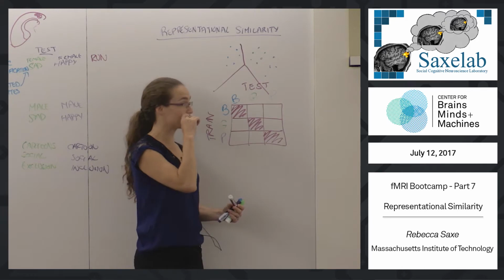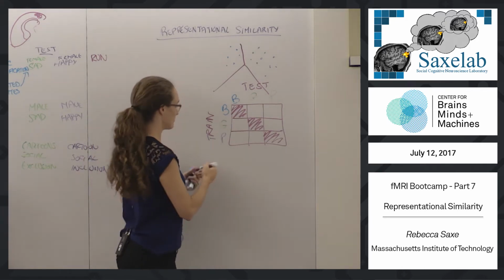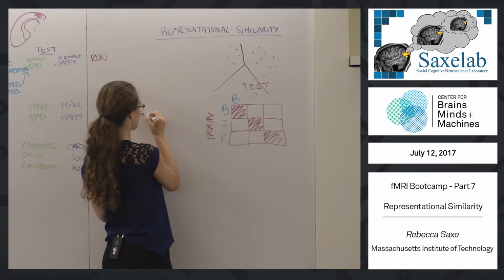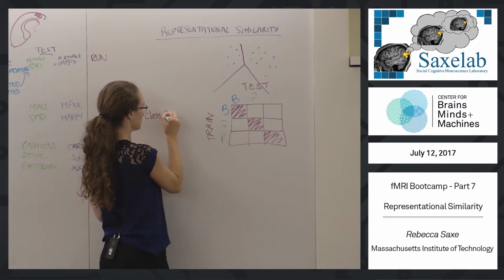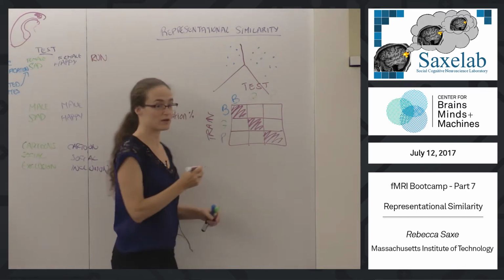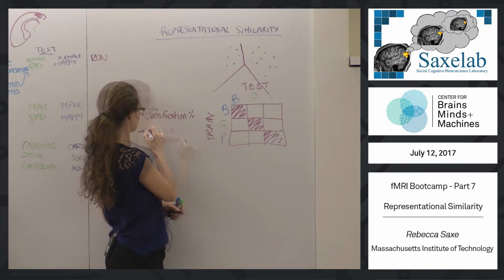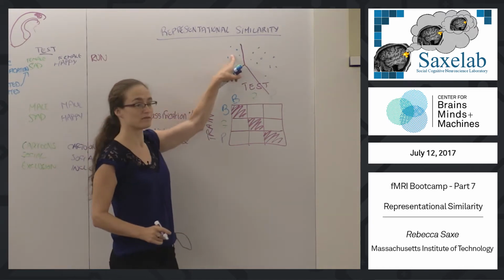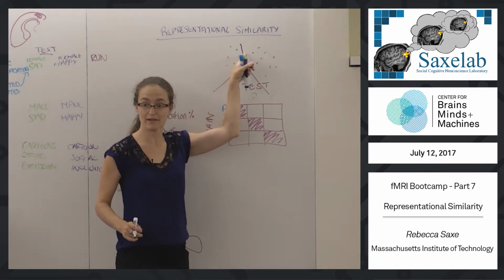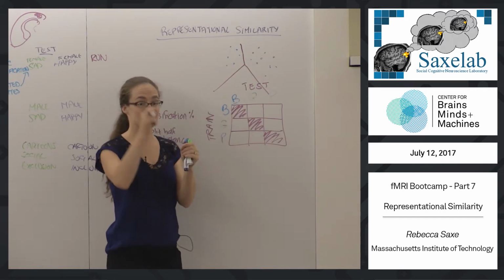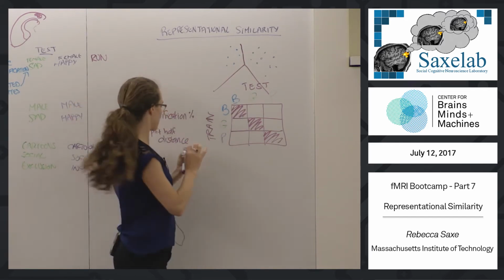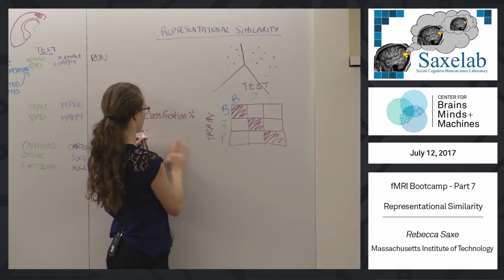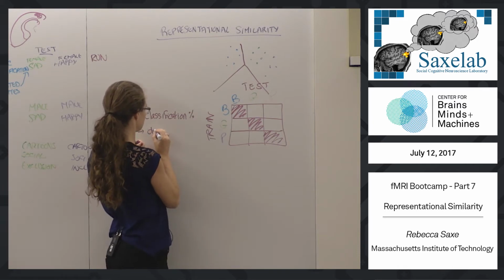If we're doing it the way we've been doing it before, then this could be classification accuracy. Another option is that it can be split half, right? So if I had one example of blue in my training set and one example of blue in my testing set, we can just ask, is the distance, actually it doesn't have to be split half, it could be any way that you split your data, so let's just call it distance.